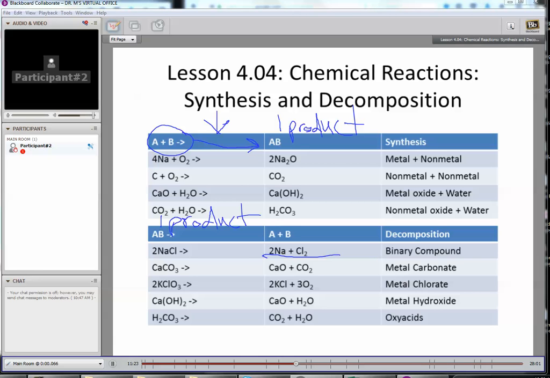And we notice that there are many different versions of decomposition reactions as well. All right. So the big thing here is, remember, starting with one reactant and going into a more basic version of these compounds to kind of break them up. Just remember, it's kind of a gross example, but think about a body decomposing.